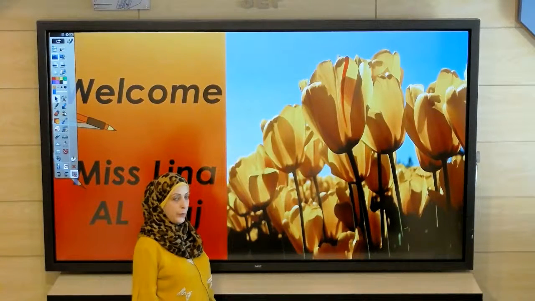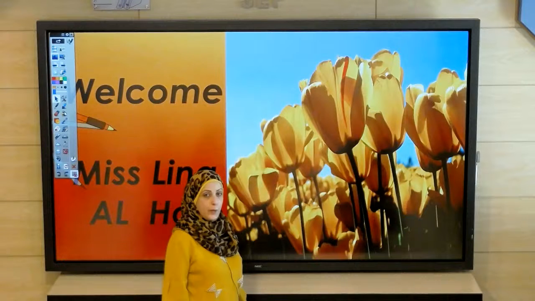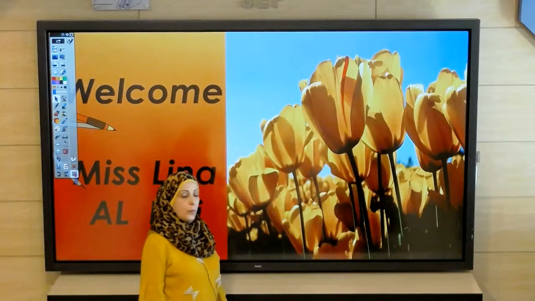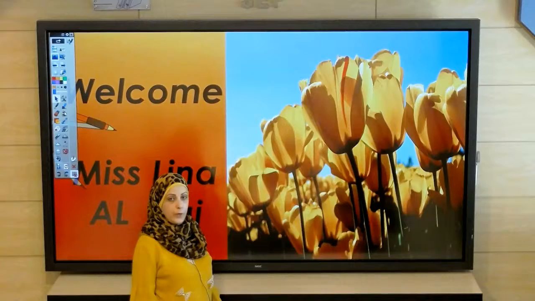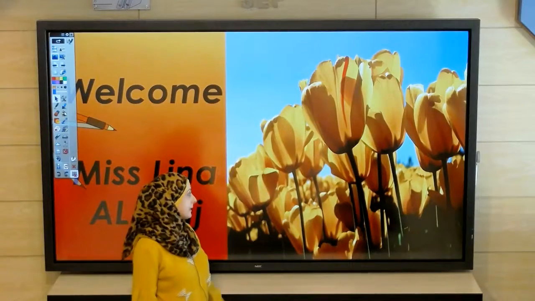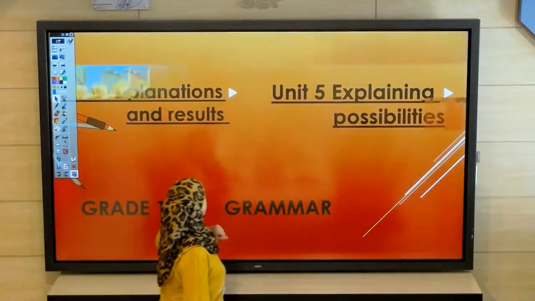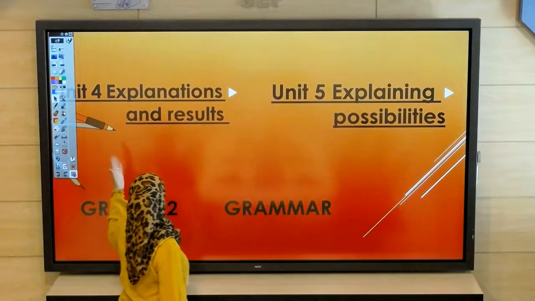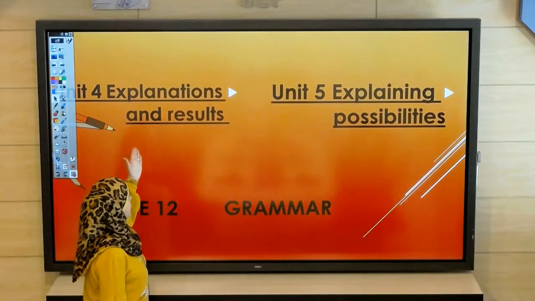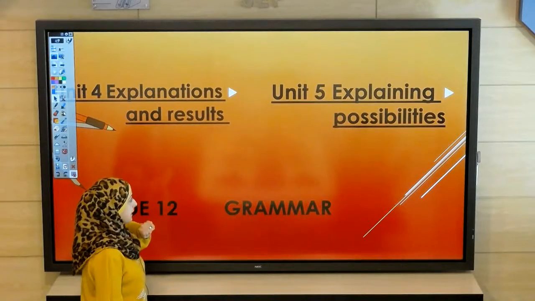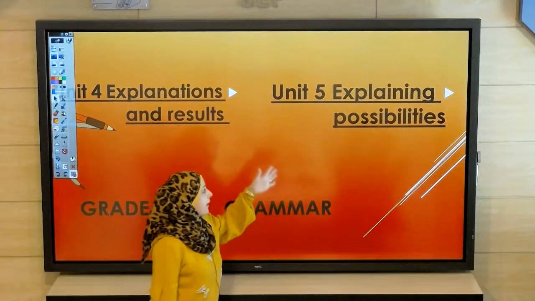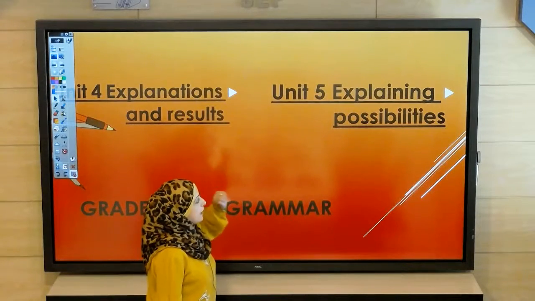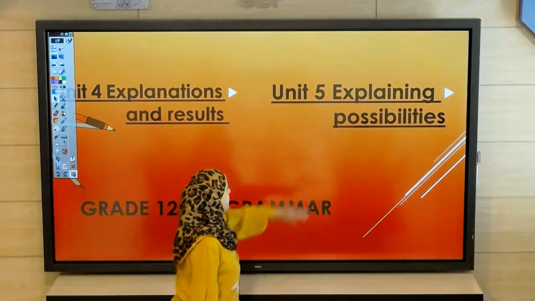Our lesson today is for grade 12, and today we'll study grammar in Unit 4 and Unit 5. Let's start. So, we'll study in Unit 4 explanations and results, and in Unit 5 explaining possibilities. Okay?